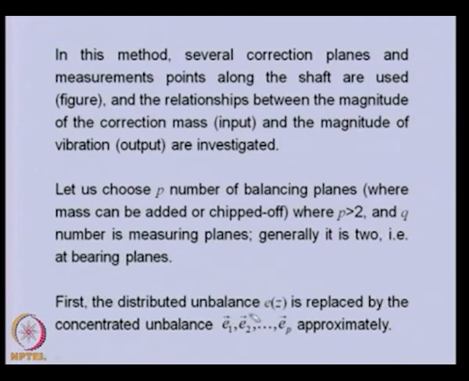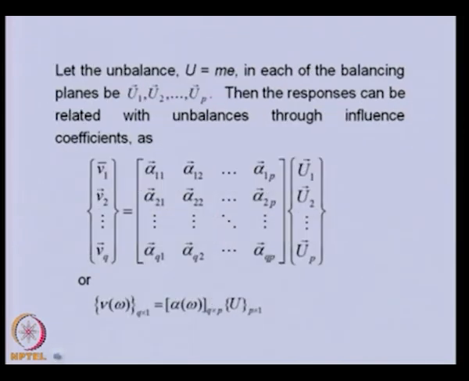So, basically these concentrated unbalances will be unknown to us, which we will be finding through this procedure which we are describing now. Here, unbalance, as we defined earlier, is nothing but mass into eccentricity, and in these balancing planes, let us say u1, u2, up are the unbalances which we want to find out.